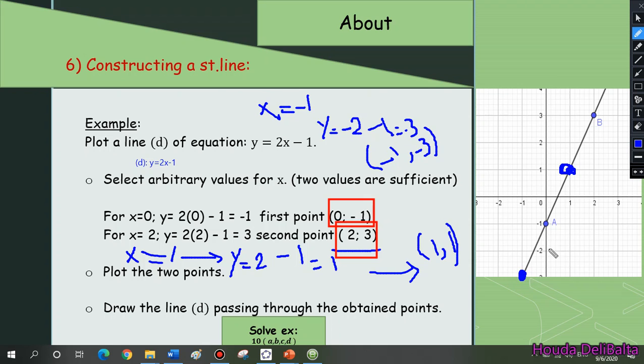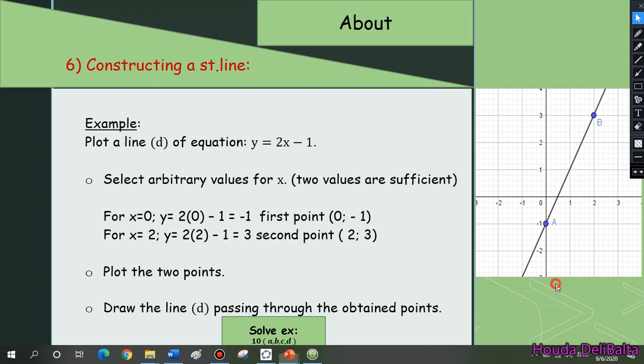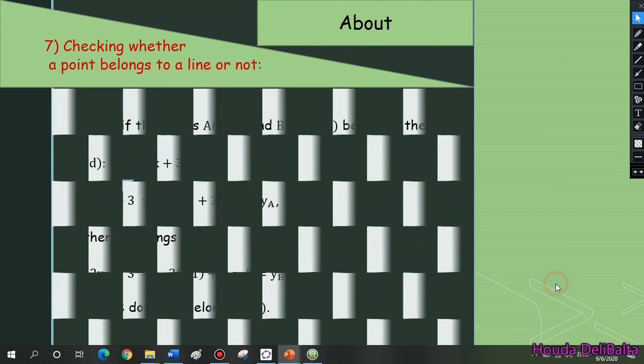You can notice that the line also passes through the point (-1, -3). So any 2 points you take will definitely give you the same straight line as taking any other points. And this is how to draw a straight line, or how to construct a straight line.